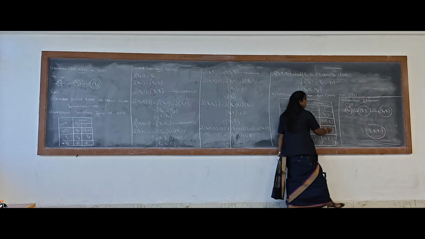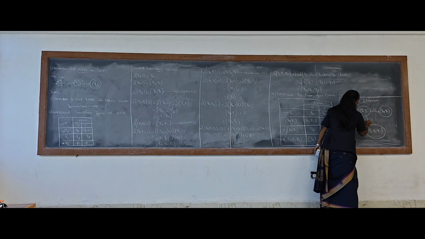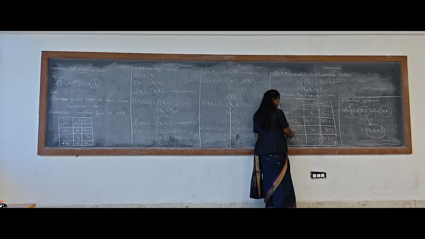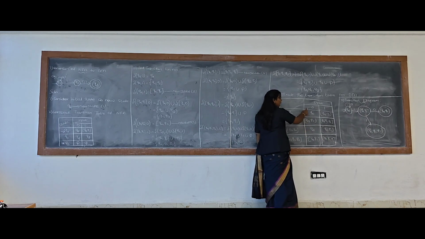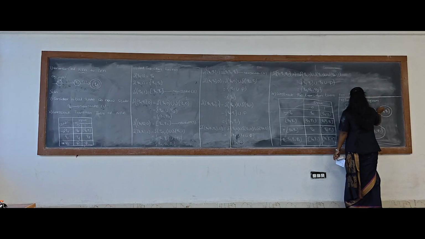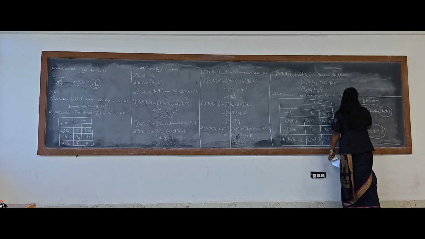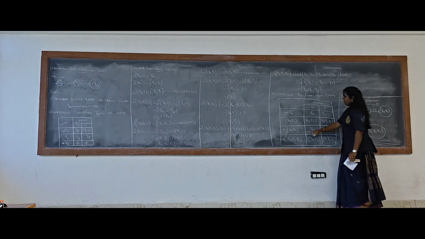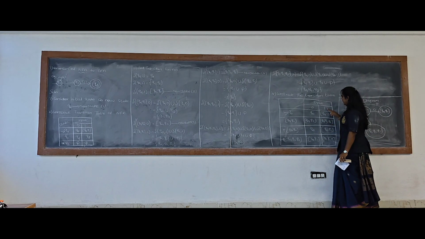Okay. Next, Q0 Q2 reading the input symbol 0 will move to the state Q0. Next, Q0 Q2 reading the input symbol 1 will move to the state Q0 Q1.